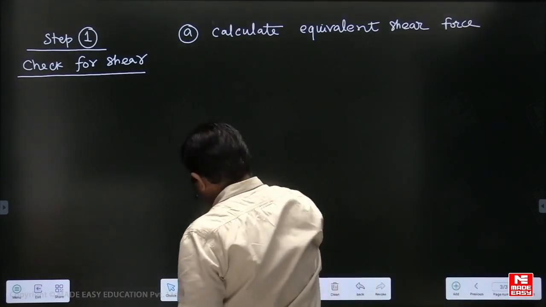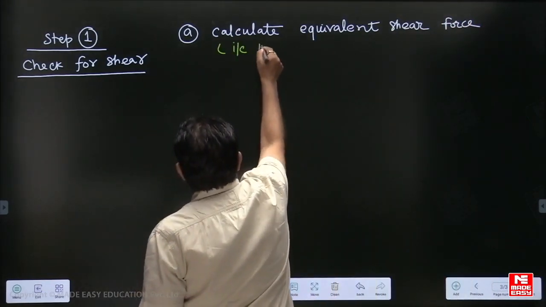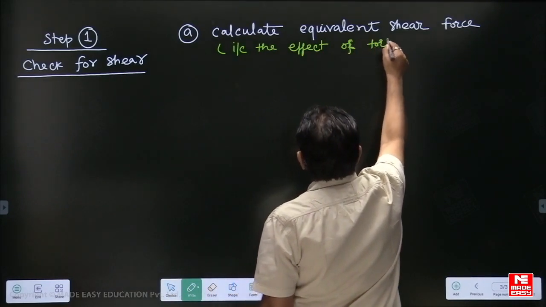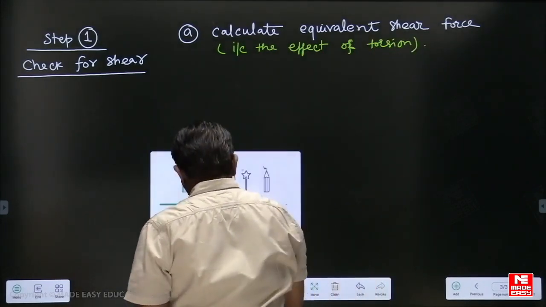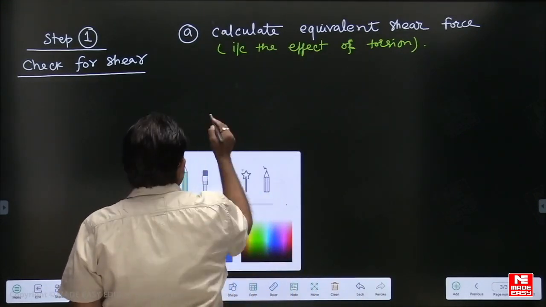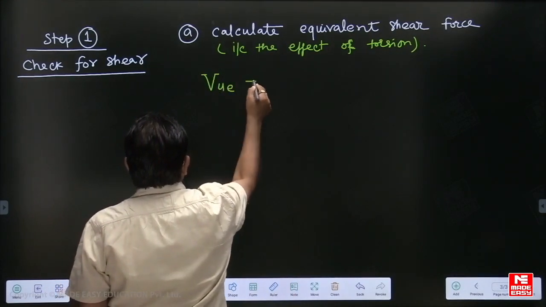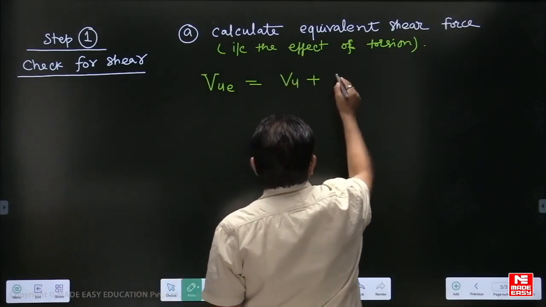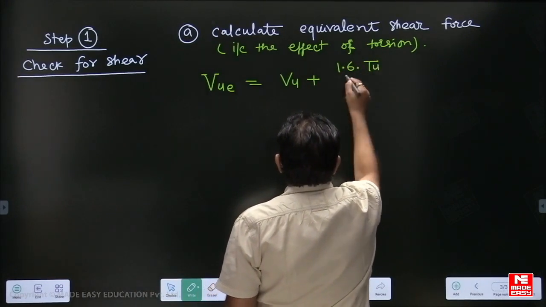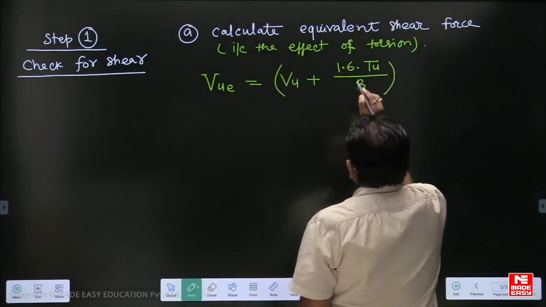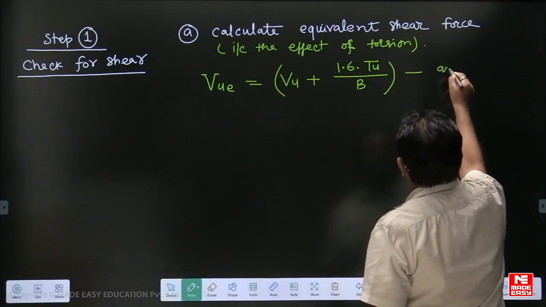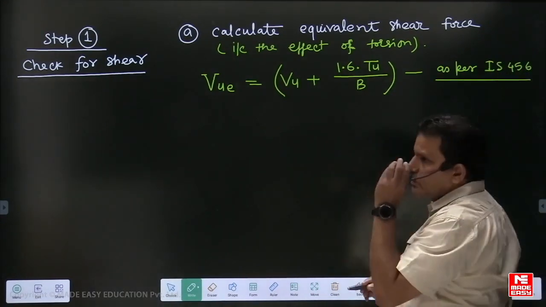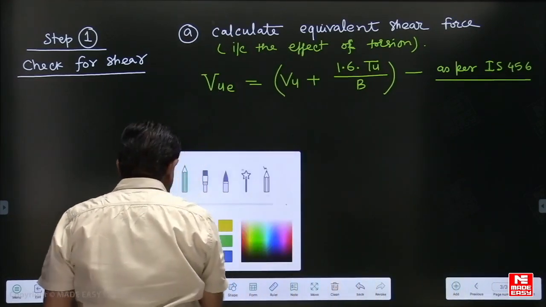For that, the code gives us a formula: VU equivalent, E for equivalent, is equal to VU, the normal value of shear force, plus 1.6 times TU divided by B. This is the value suggested by code, as per IS 456, and we will check the nominal shear stress developed due to this shear force. Let's see how to calculate it.